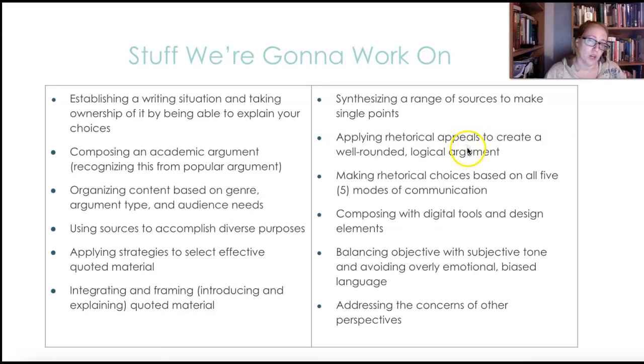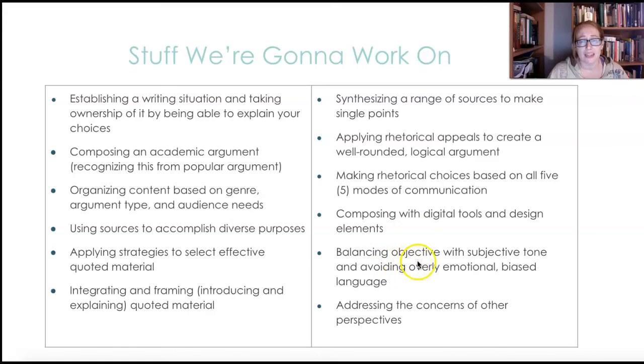We're going to talk about rhetorical appeals and making your own rhetorical choices based on those five modes. We are going to work on digital tools and design elements, so I'm not just going to toss you to the wolves and say go design. We're going to talk about that too.